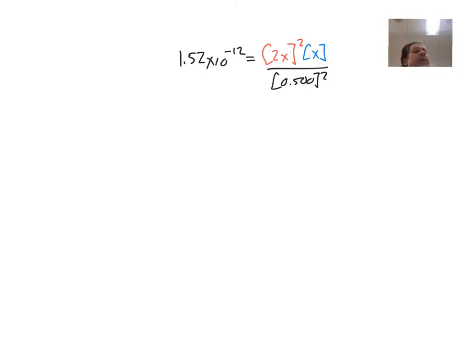Now, when I go to simplify that, I get 1.52 times 10 to the minus 12 equals, on top, 4x squared times x, which will be 4x cubed, over 0.5 squared, which is 0.25.